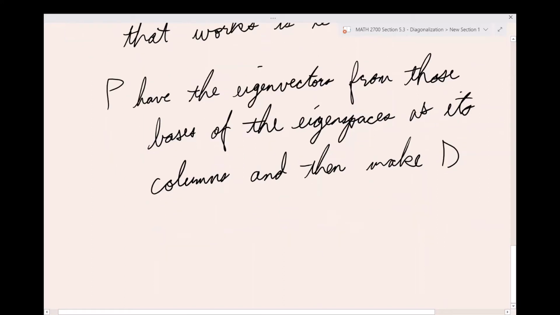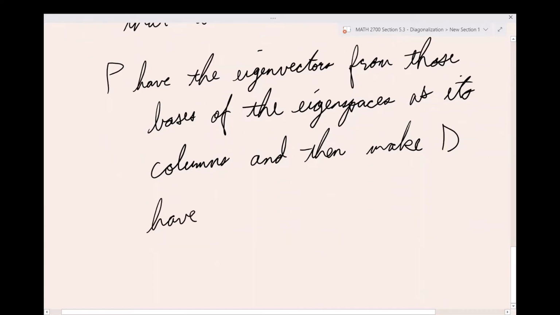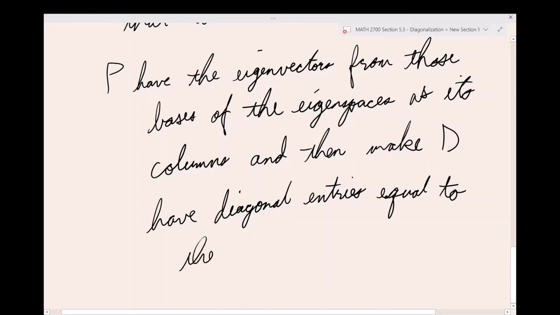Make D have diagonal entries equal to the corresponding eigenvalues.